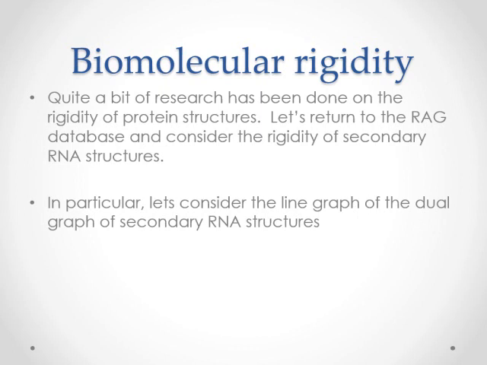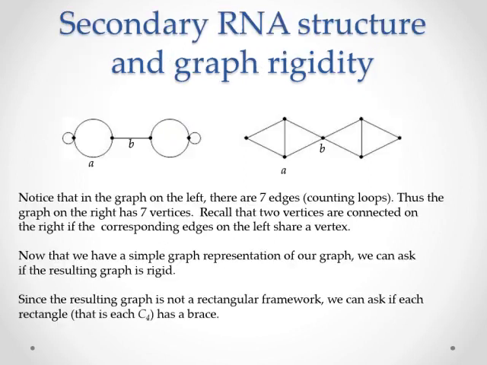So we should return to the RAG database and explore rigidity of secondary RNA structures. So here was our explanation of how to obtain the line graph of the dual graph, which was a representation of secondary RNA structure.